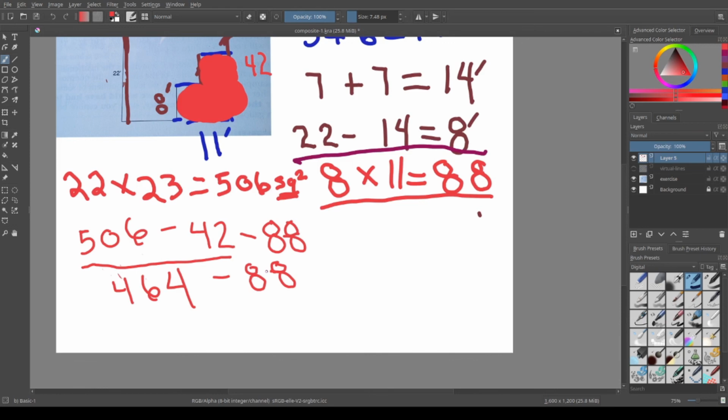And you should get this number right here. I'm going to put it in blue. The final answer is 376 square feet. But the most important thing is this part right here. That's all you need to worry about.